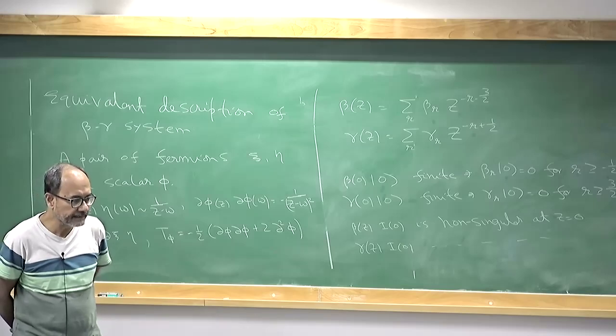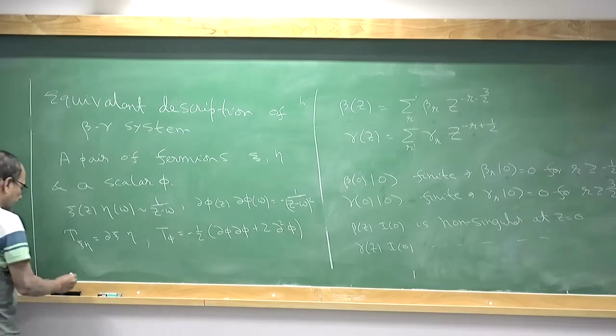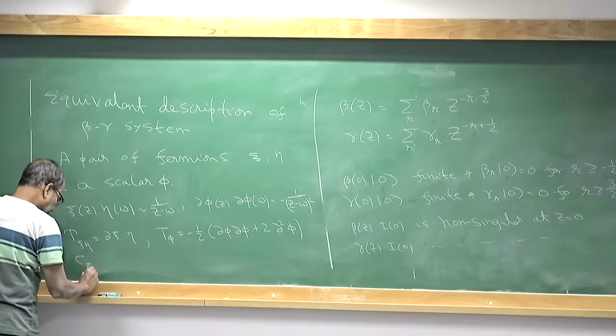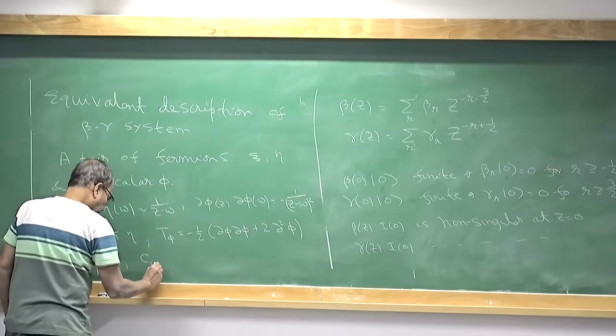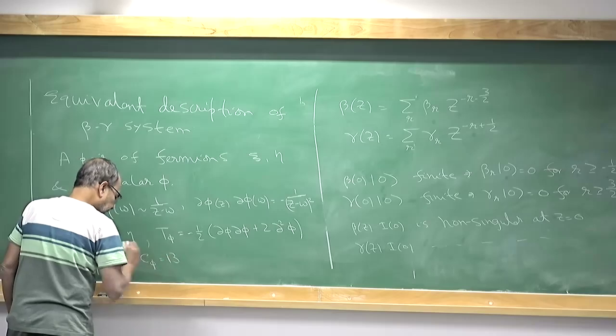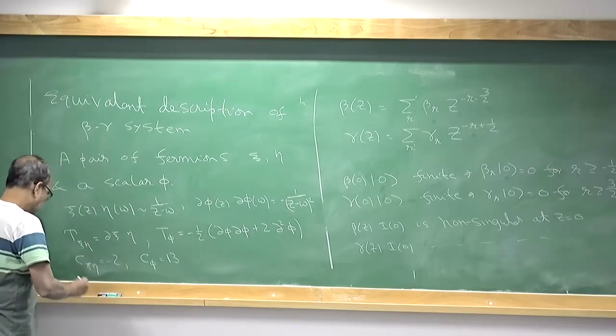How do I get these things? Yeah, so I'll tell you about the various consistency conditions. From this we can check that c of xi eta is minus 2 and c of phi is 13. You just have to calculate T of xi eta. All the things are given. This is an exercise.